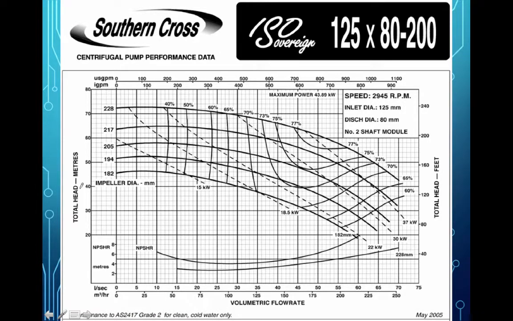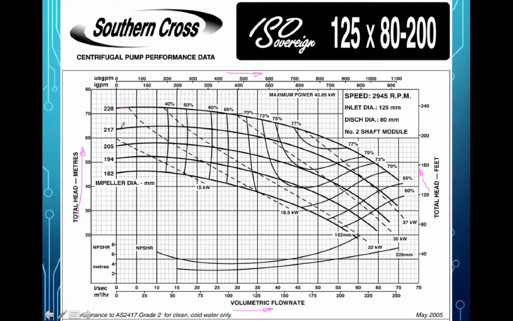So this axis is total dynamic head. On the left side, they're showing it in meters, and the right, in feet, so we don't have to do our own conversions. The horizontal axis, by convention, is usually flow rate. In this case, the bottom is liters per second, and the top is gallons per minute.